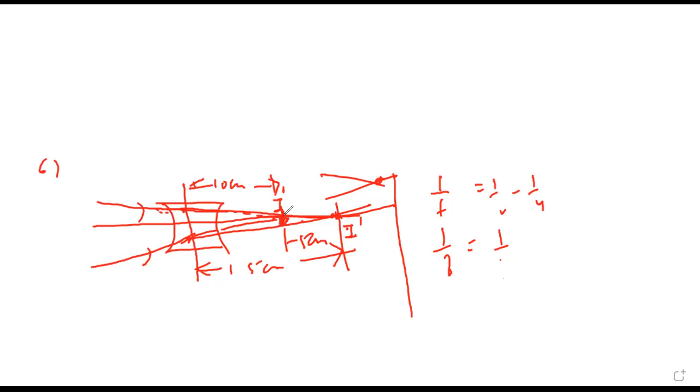So this point will behave as the object because there is no lens. After putting the lens, we get the image of this as I dash. So the image is at 15 with the lens and the object should be at 10, because when you remove this, it gets shifted by 5. That means when we put the lens, that's the position of the object.